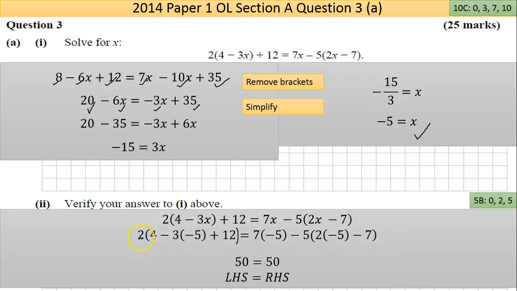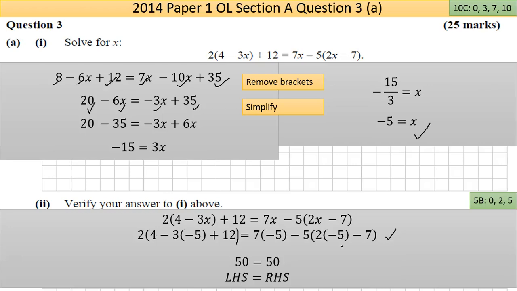Anyway, once you've filled it in on the page, I would use the calculator. Now the calculator would create an error there if that had been in a real calculation. But in a sense, you're showing the work and go straight to the answer using the calculator. If I didn't show this step and just showed 50 equals 50, I'd probably only get the 2 marks, besides the correct answer, no work shown.